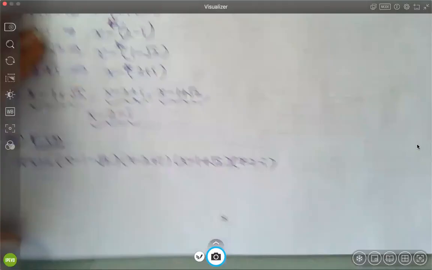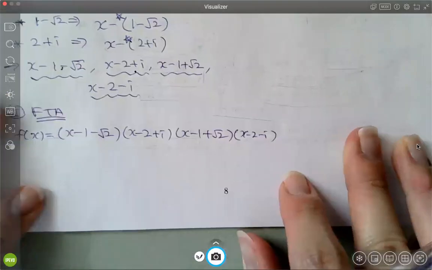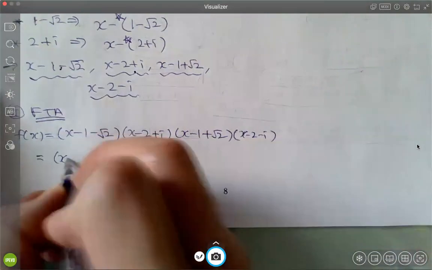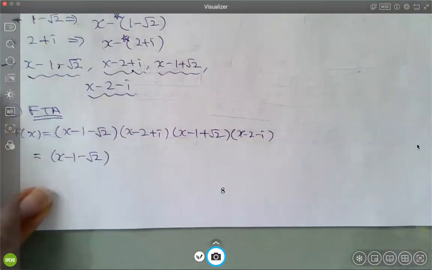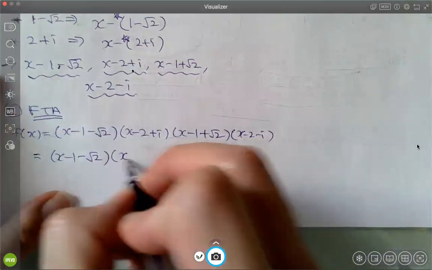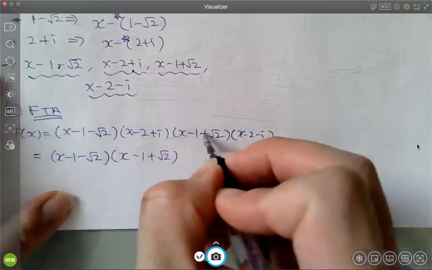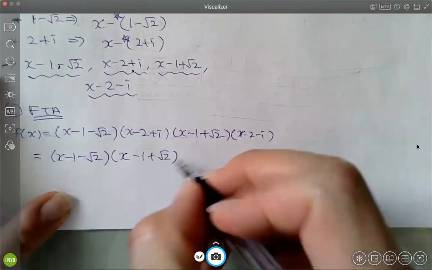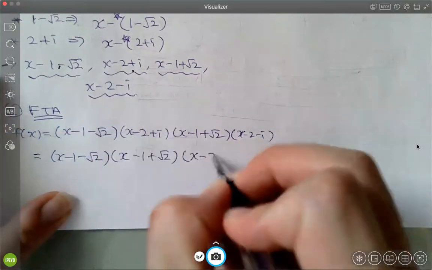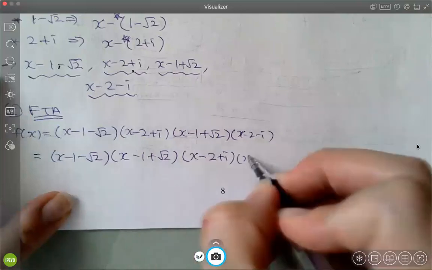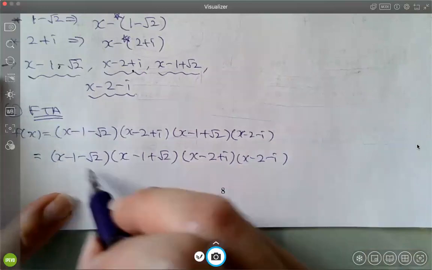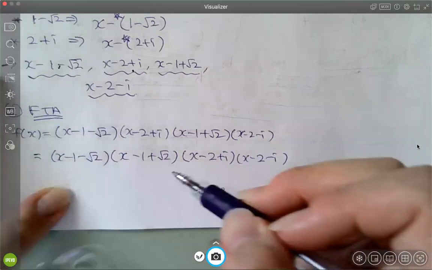Although this is correct, we can rearrange them and write this as first x minus 1 minus square root of 2, and then x minus 1 plus square root of 2. Basically, flip these two. And then we have x minus 2 plus I, and then x minus 2 minus I. Then we have the square root factors and the I factors side by side.